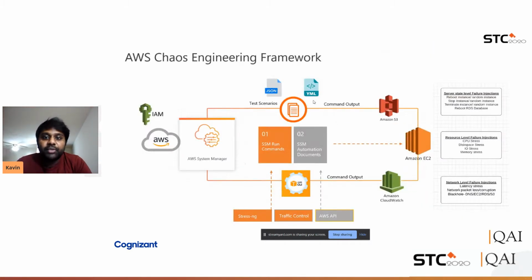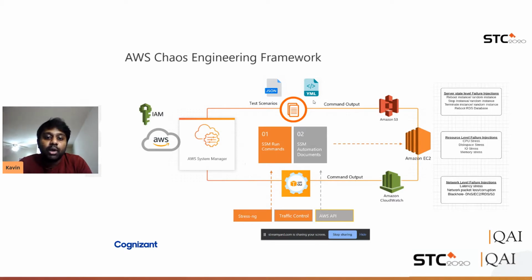So coming to the framework proposed, this is the framework which we are proposing for chaos engineering in AWS. It uses AWS Systems Manager as its primary component. Linux has some components called stress-ng and traffic control, which allow us to cause CPU, memory, IO, and disk level failures.